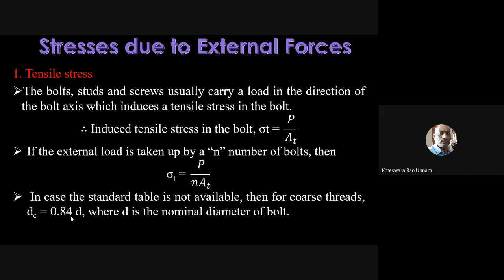So while calculating this AT value, you need to use this relation, DC is equal to 0.84 D. With that relation you can find it. Anyway, we have one such problem that we are going to discuss in this class. So we'll see why and where you need to use this DC is equal to 0.84 D. Okay, so this is about the tensile stress.